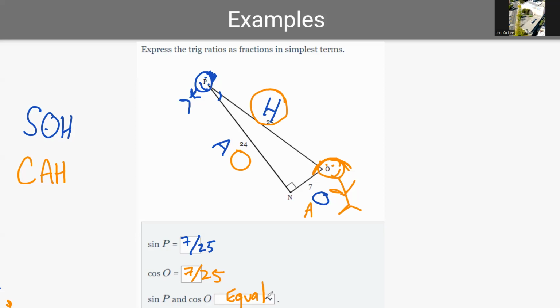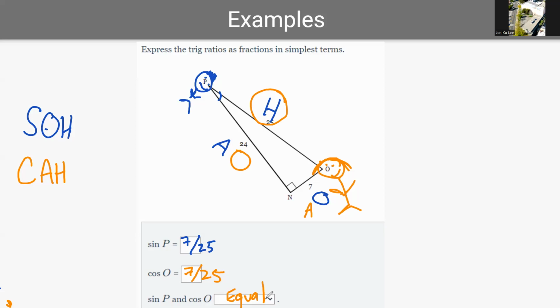And disclaimer, class, we're never going to look at it from the viewpoint of the 90-degree angle. Okay? It's always going to be the other two angles. Because if I look at it from the viewpoint of the 90-degree angle, my hypotenuse side will also be my opposite side. Okay, and that just messes everything up. All right, you guys can think of it like that.